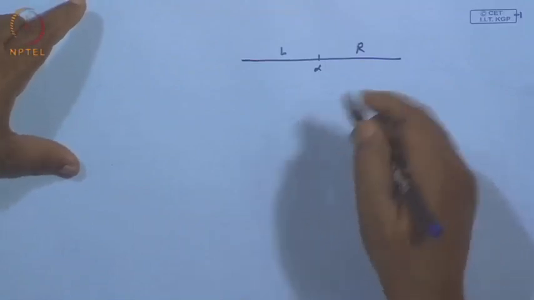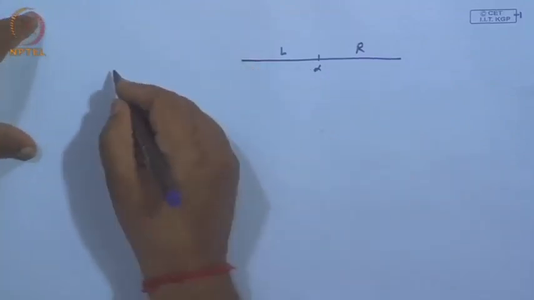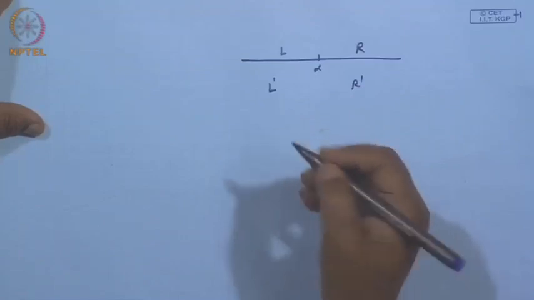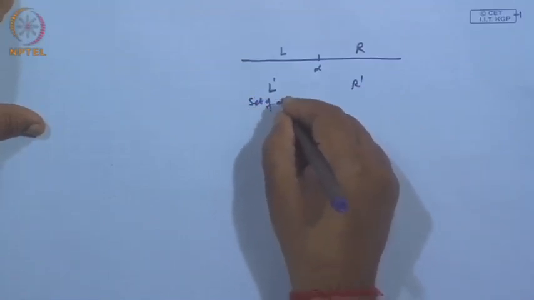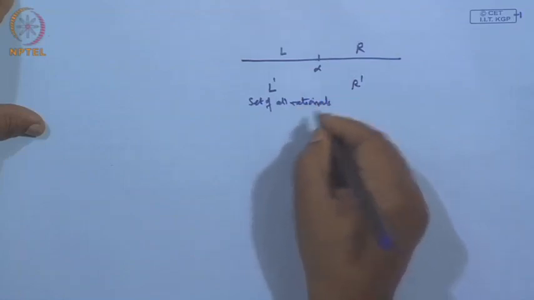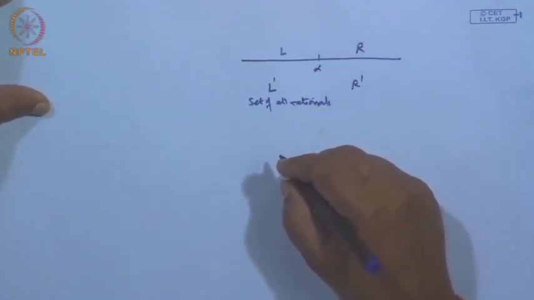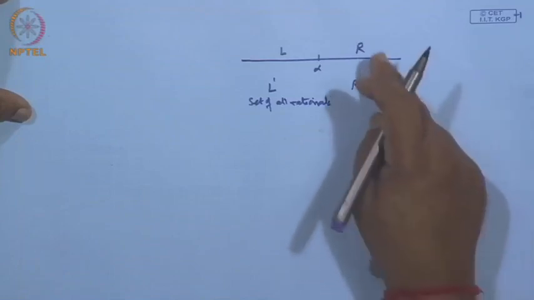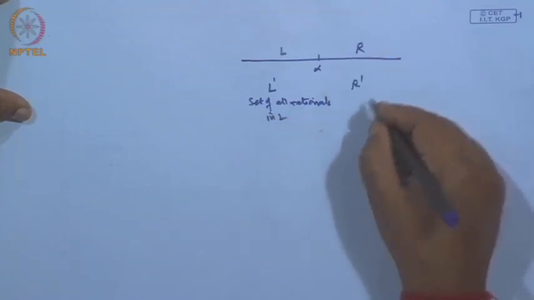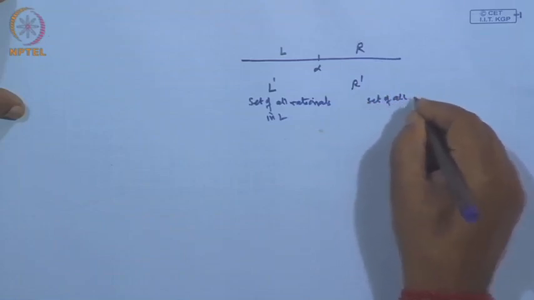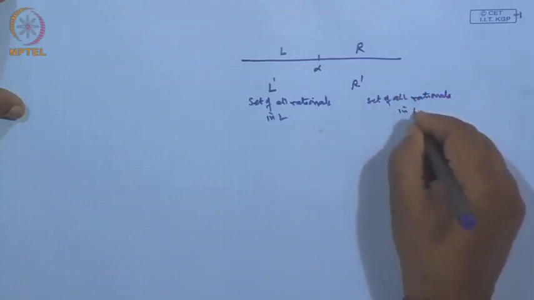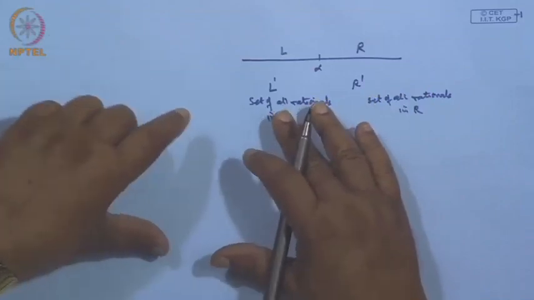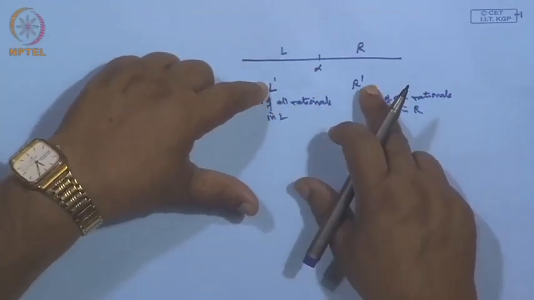Now suppose we construct L dash and R dash as follows: L dash is the set of all rationals which are in the lower class L, and R dash is the set of all rationals which are in the upper class R. So they will form two classes, and every rational number will be in one of the classes, either L dash or R dash.